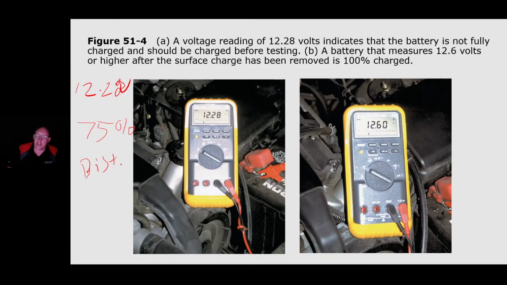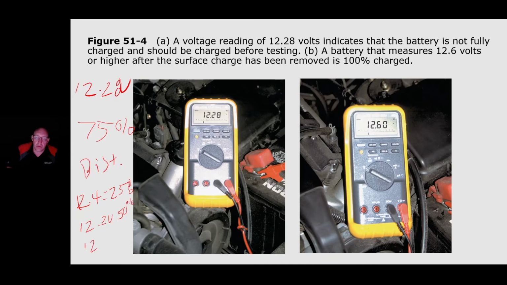Okay. There's a chart that you guys have from Intro Auto, and I'll give it to you here as well. You'll see it a couple times in this class. But 12.4 volts, let's just do this, 12.4 equals how much discharged? 25%. That means that 75% of the battery is available, okay? 12.2 volts means that 50% of the battery is available.